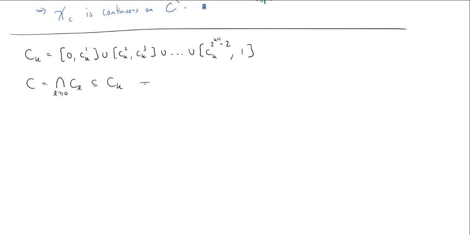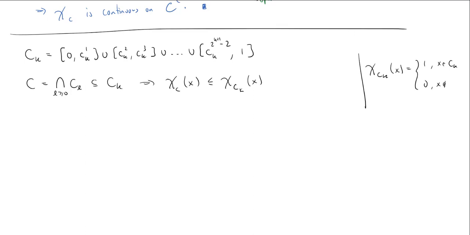And so if I apply the characteristic function, or the indicator function, to some point x, this is going to be less than or equal to the indicator function on C_k evaluated on x. So if it's not obvious what that means, the indicator function on C_k of x is again 1 or 0. It's going to be 1 if x is in C_k and 0 otherwise.